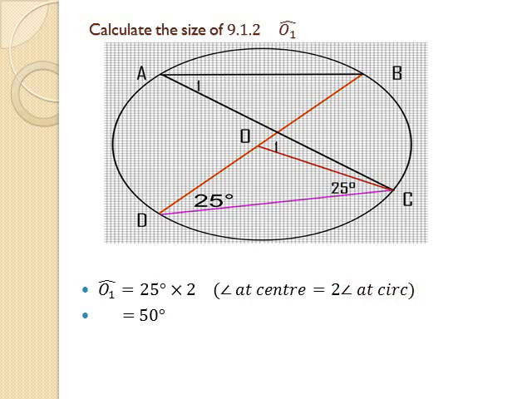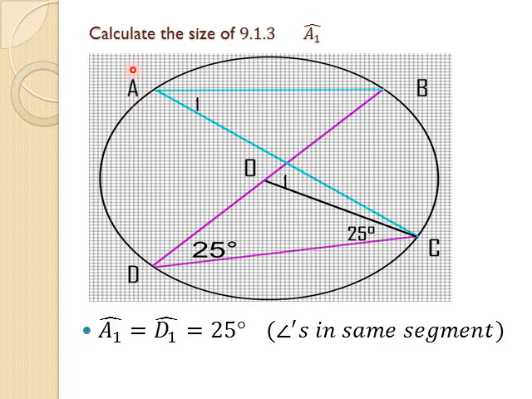Right, so I hope you understand. Let's go to the next problem. Calculate the size 9.1.3 of A1. We have D1, which was 25. If I look here, D1, 25 degrees, go back and it's subtended by the arc BC.